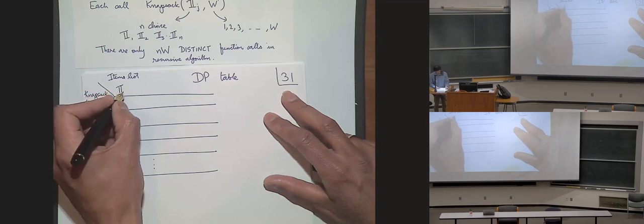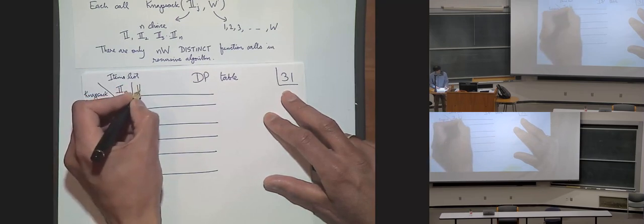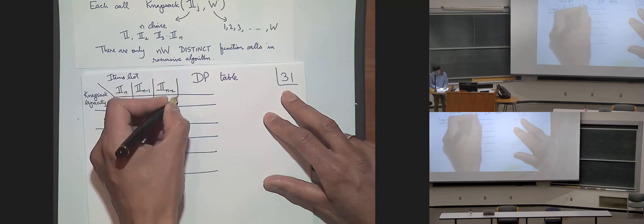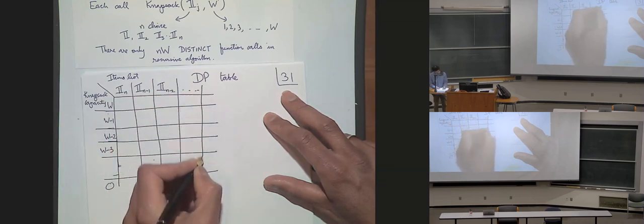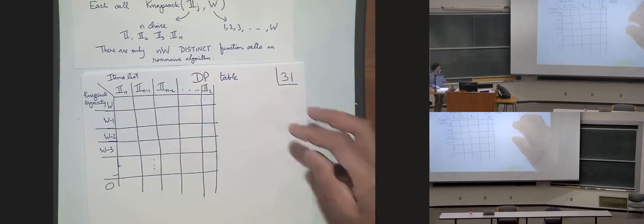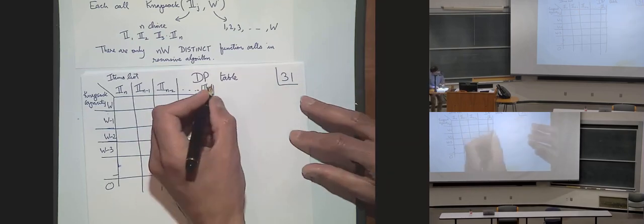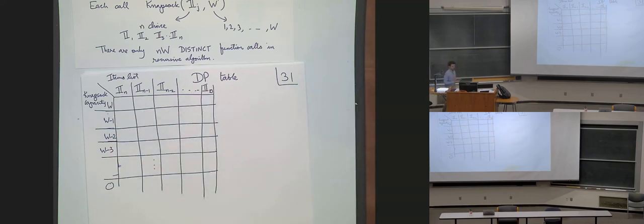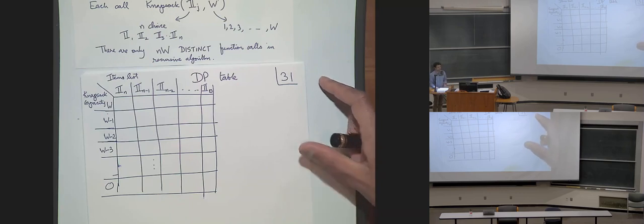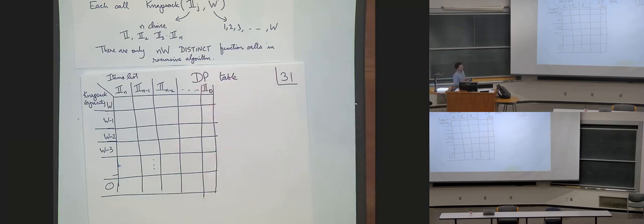Here I'm going to put the items list, so it's the first n items, n minus 1, n minus 2, all the way down to, let's say, 0 items, just as a base case. It's like you have nothing. So instead of the recursion tree, I'm actually going to build a table of all possible arguments to this function. That's my table. Okay, so this is how you implement it.